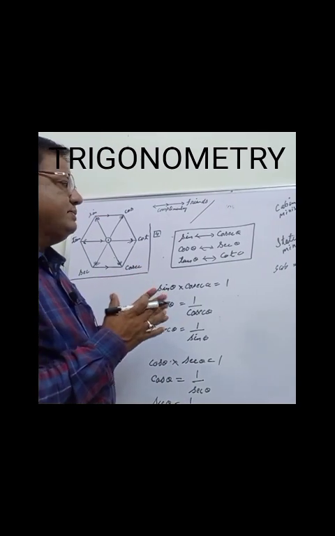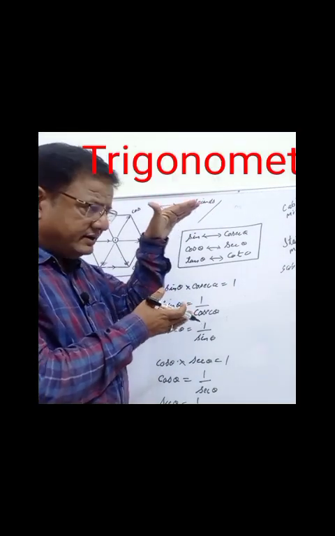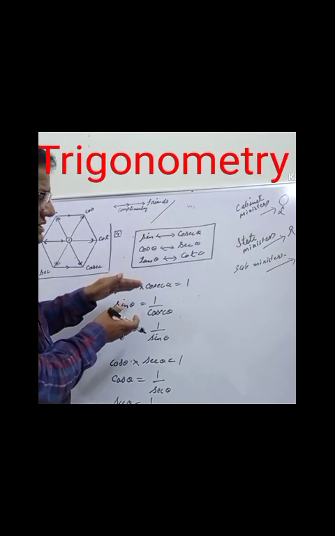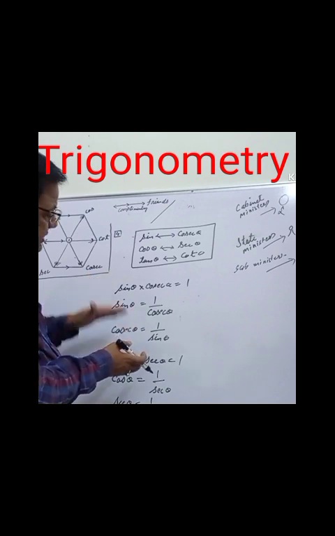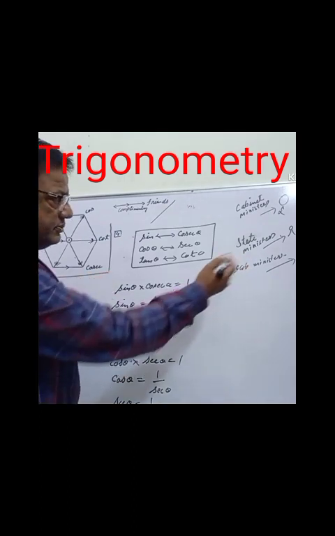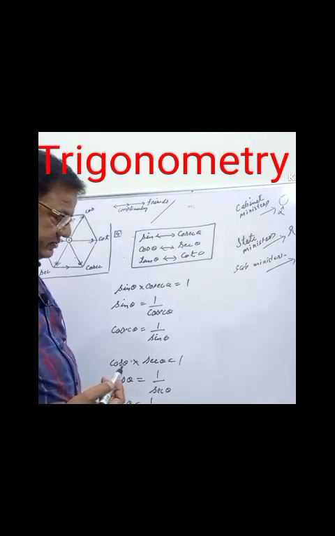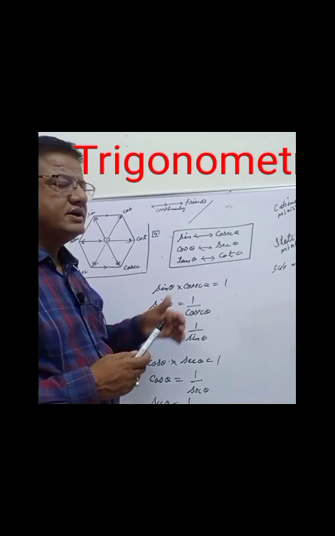So we will make a chart: three main identities, two like state ministers, and the remaining identities are sub-ministers. We will remember these identities all the time to prove the questions given ahead.